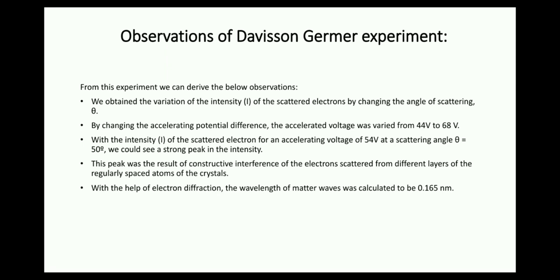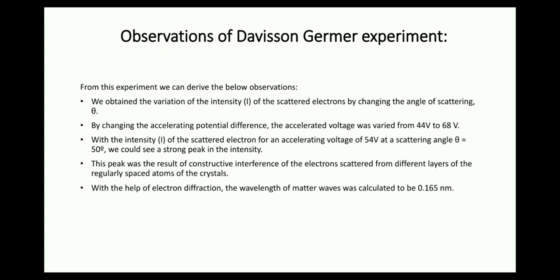With the intensity of the scattered electrons for an accelerating voltage of 54 volts at an angle, say 50 degrees, we could see a strong peak in the intensity. This peak was the result of constructive interference of electrons scattered from different layers of regularly spaced atoms of crystals.